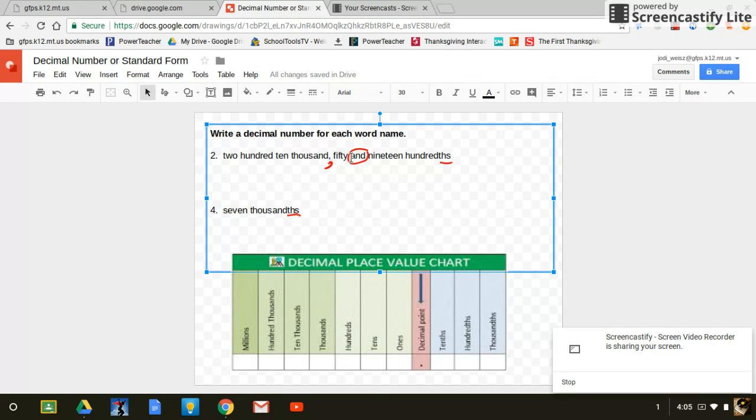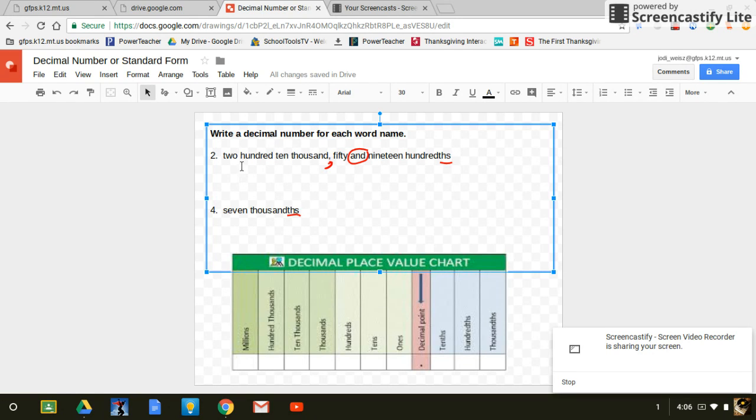Anytime we see that and in a number word, that means that we are going to put a decimal point right in that place. So I know that the 19 hundredths will be to the right of the decimal right here, and that anything before the decimal on the left will go into these values over here.